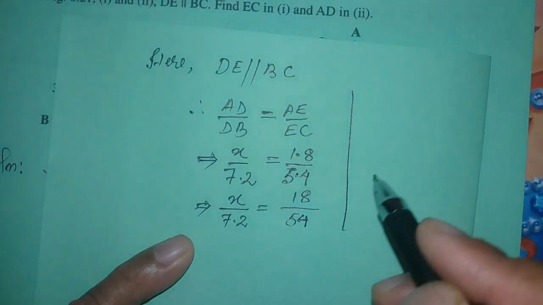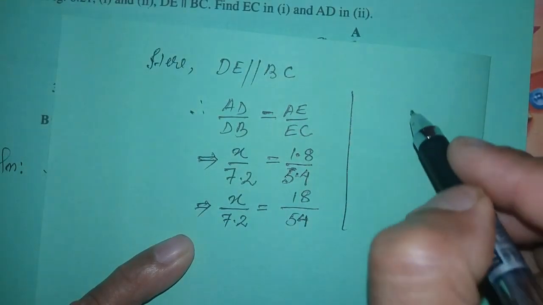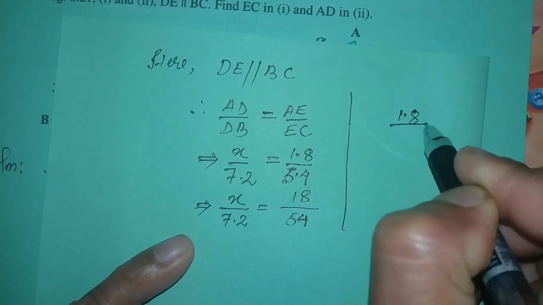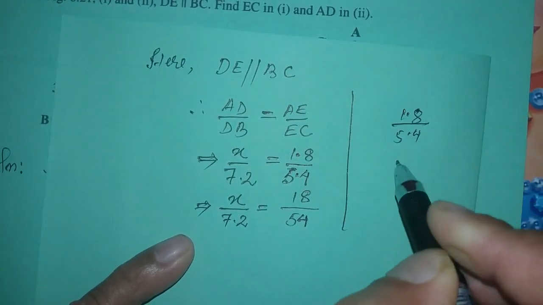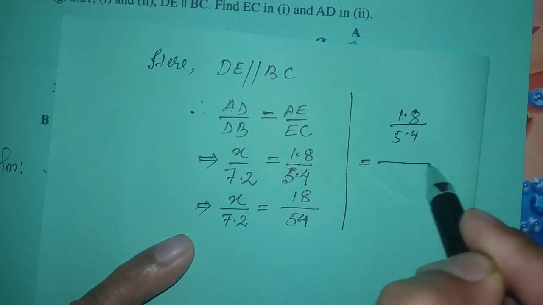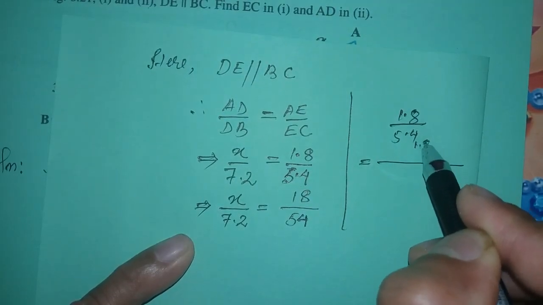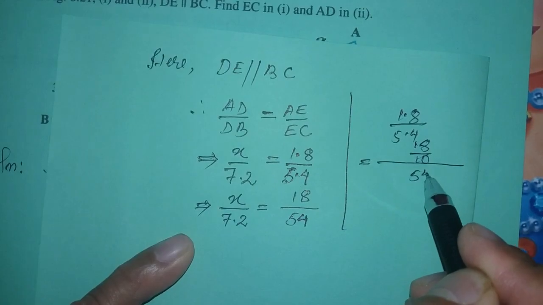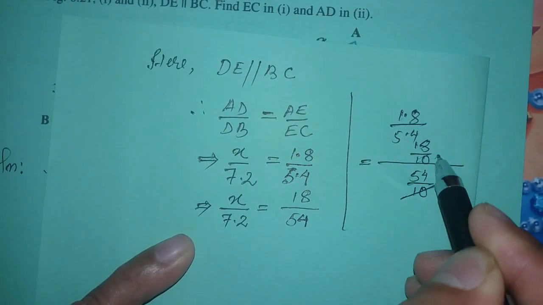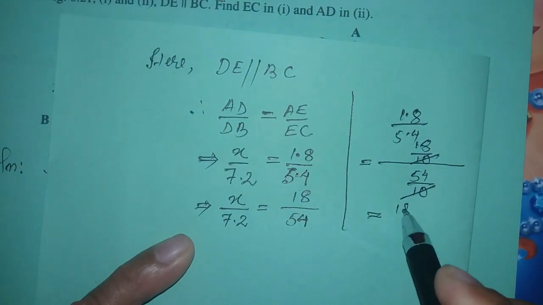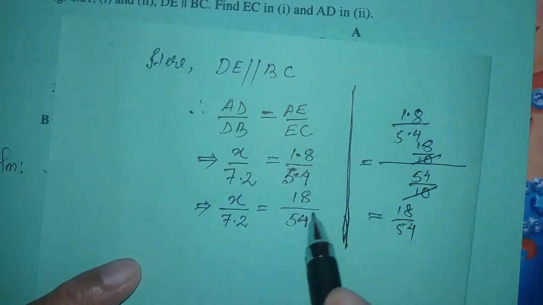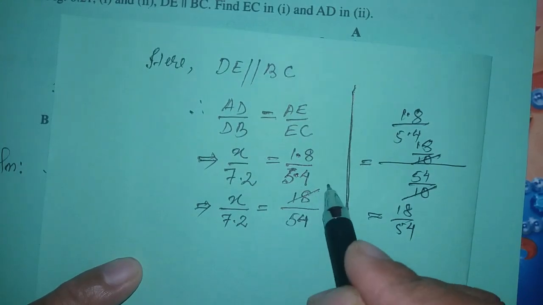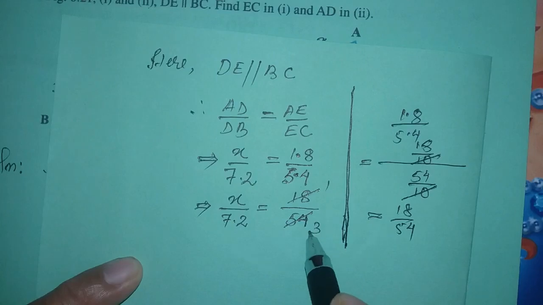I will show you how we get 18 by 54. 1.8 is 18 by 10, and 5.4 is 54 by 10. So the 10s cut, and you will get 18 by 54. Now we can cut: 18 ones are 18, 18 threes are 54.